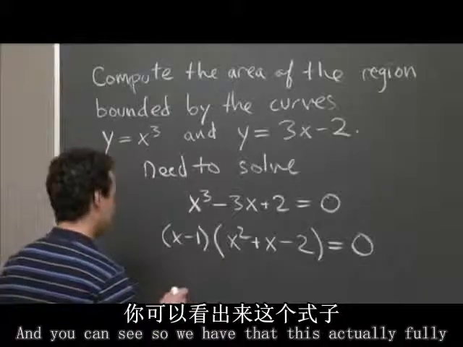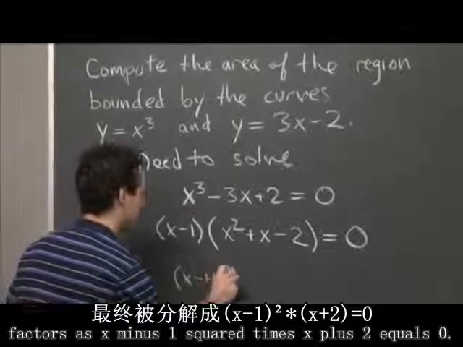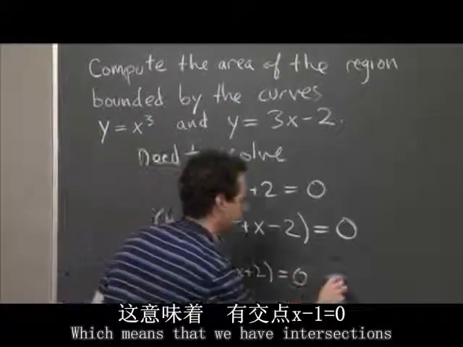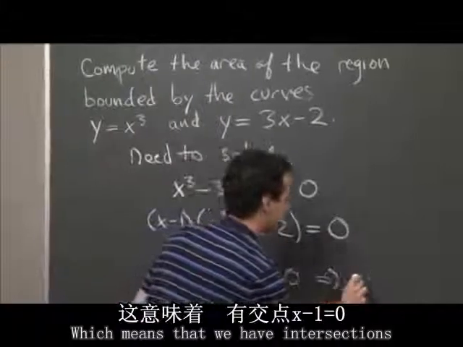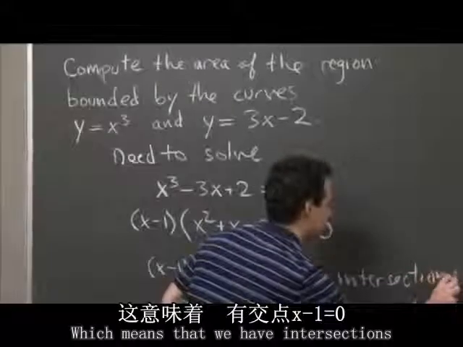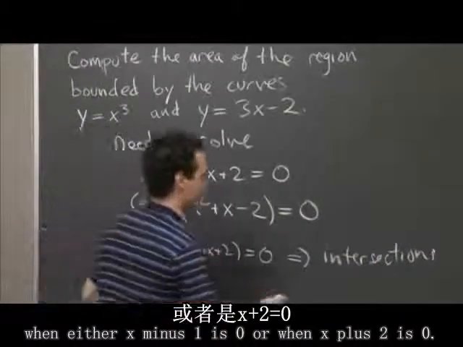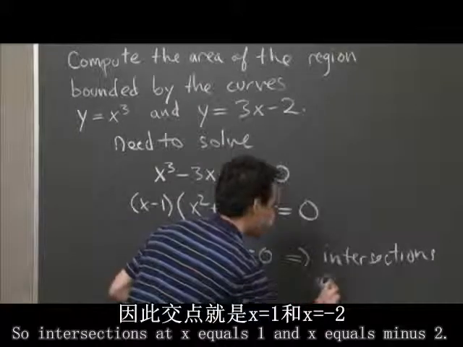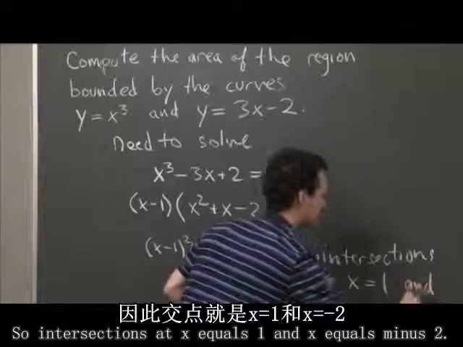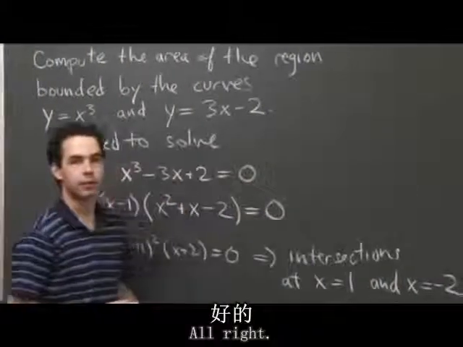You can see that this actually fully factors as x minus 1 squared times x plus 2 equals 0, which means that we have intersections when either x minus 1 is 0 or when x plus 2 is 0. So intersections at x equals 1 and x equals minus 2. All right.